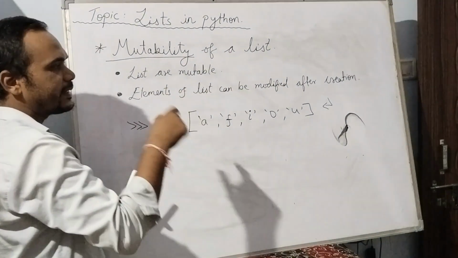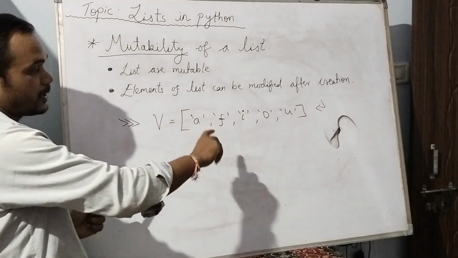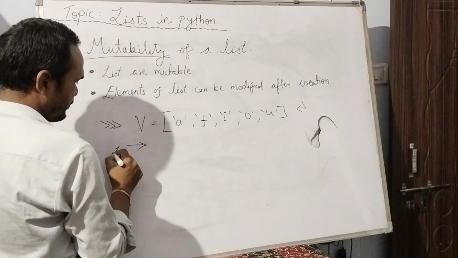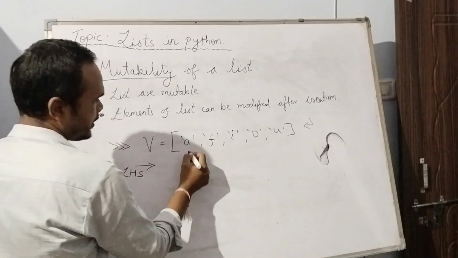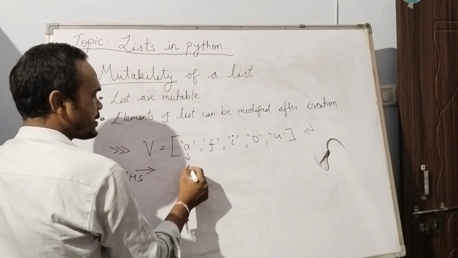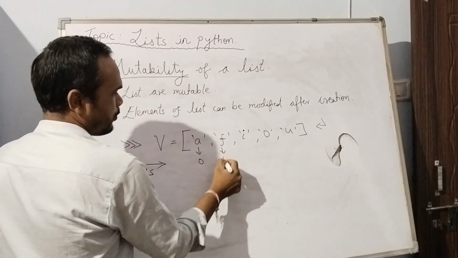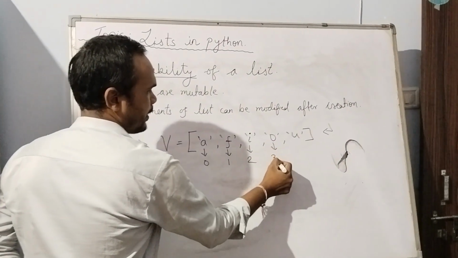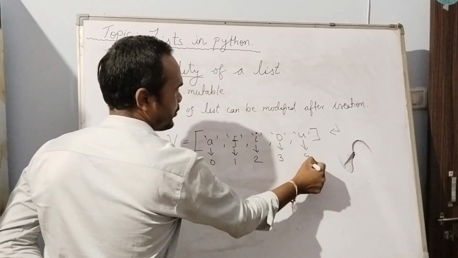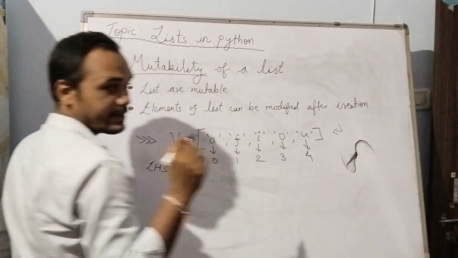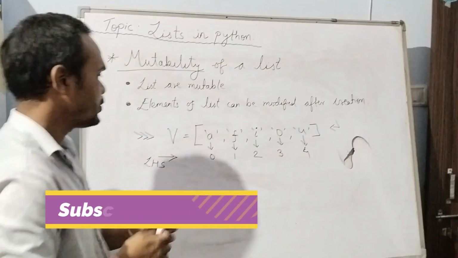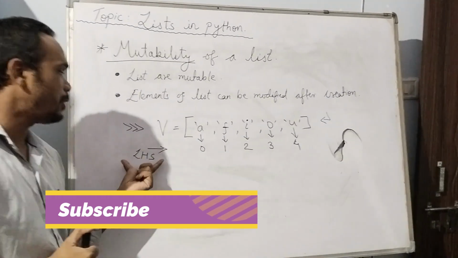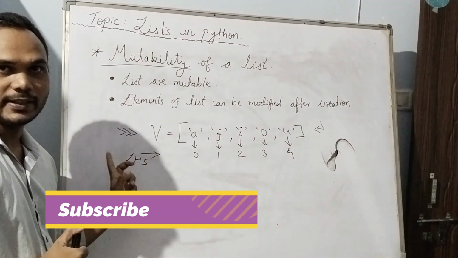So let's try to understand the index position of this particular element. When I am looking from the left hand side, the values can be indexed as 0, 1, 2, 3 and 4, as we have learned in the previous video. So we are counting the index values from the left hand side.